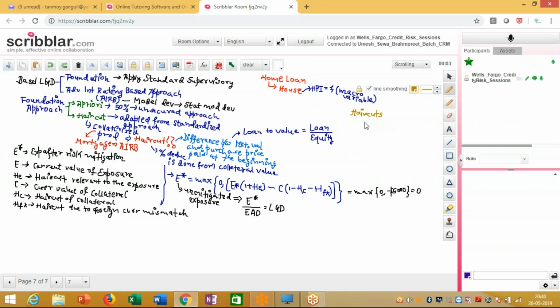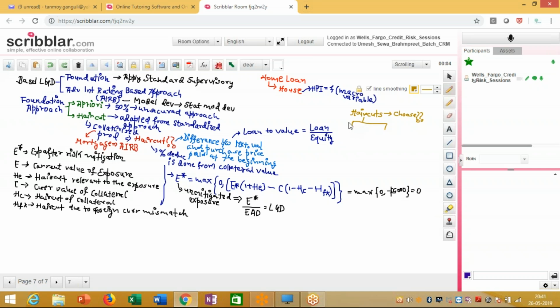What are the criteria? What are the important criteria?